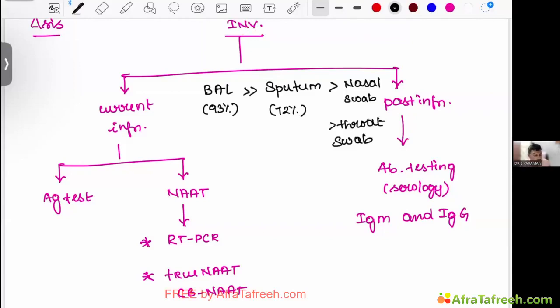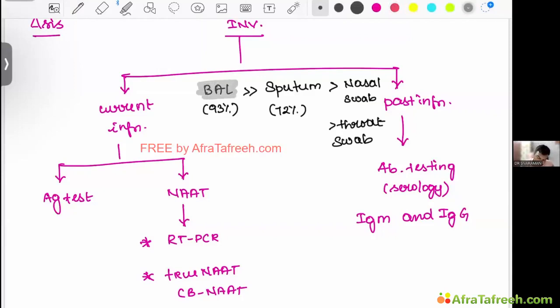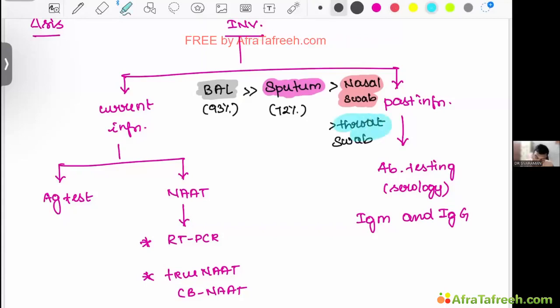But the best one is BAL. BAL is better than sputum, sputum is better than nasal swab, and nasal swab is better than throat swab. Understood? So this is how you will go for your testing.